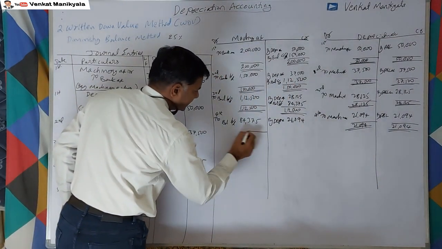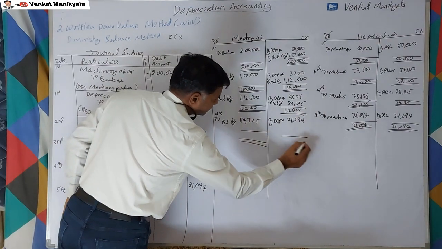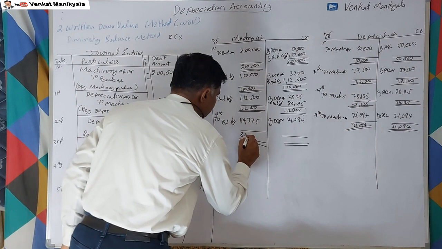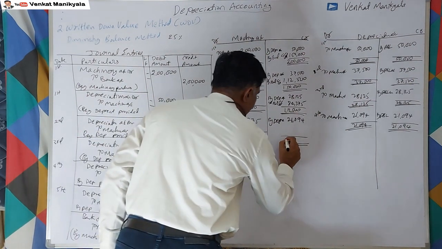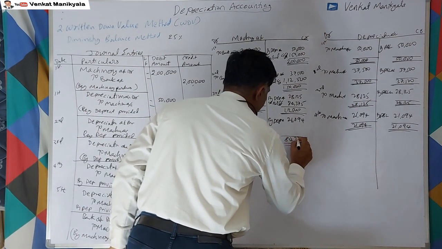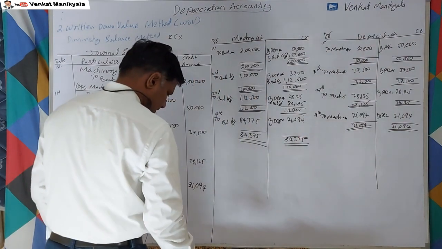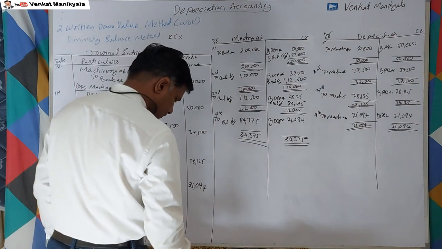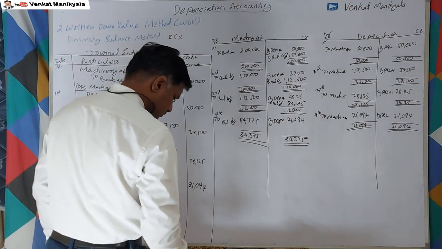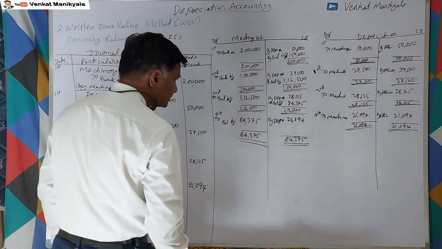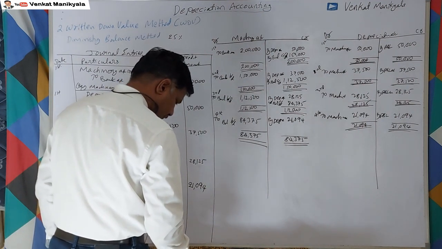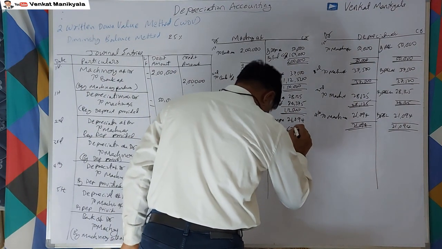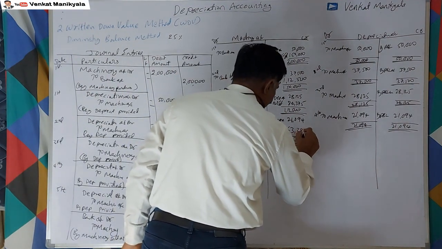So let us balance the asset account. Asset account is showing 84,375 debit, and credit is 21,094. 84,375 minus 21,094 gives 63,281.